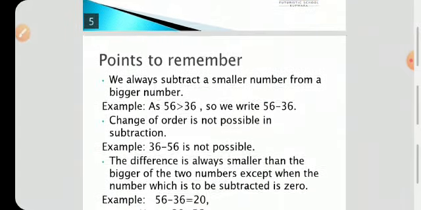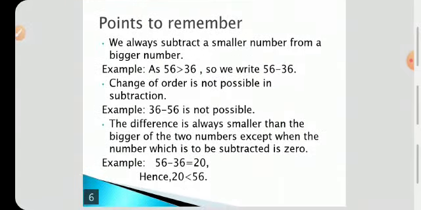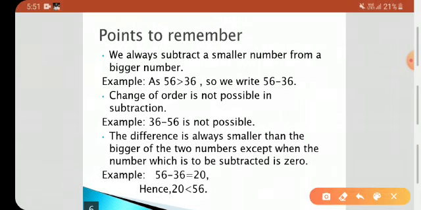Okay, now points to remember. These are the points you have to remember. First one is, we always subtract a smaller number from a bigger number. Example, as 56 is greater than 36, so we write 56 minus 36.